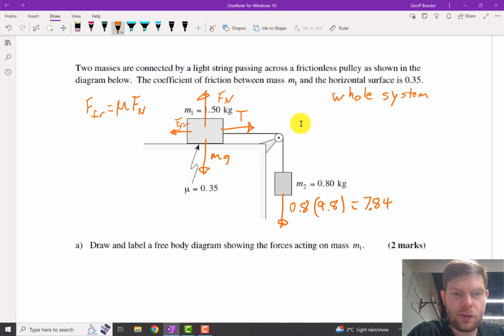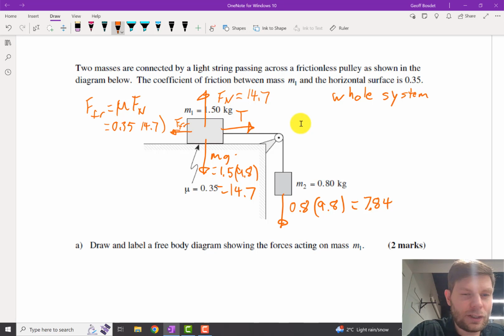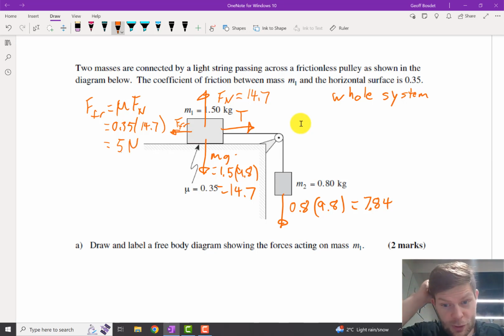Fn being equal and opposite to gravity on this guy. 1.5 mg is equal to 1.5 times 9.8, or 14.7. So normal force also has to be 14.7, and we got 0.35 there. So that's equal to 0.35 times 14.7. I'm going to round a little. This will be approximately 5 newtons. So we got a fight between 5 newtons and 7.84 newtons.